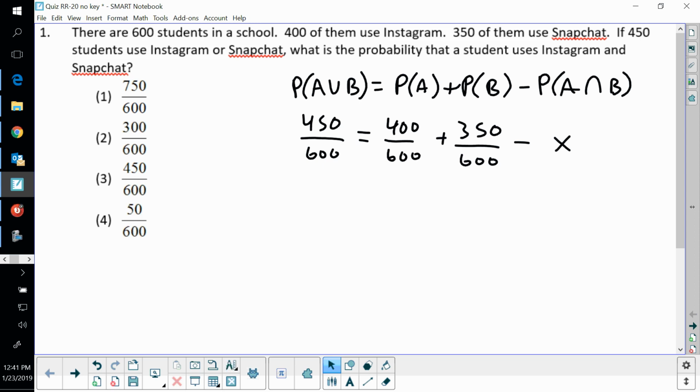So we're going to work to get the x by itself. So first, we're going to add our like terms there. Now, if you're doing this in the calculator, the answers would probably be reduced a bit, but there'd be the same idea. So if we add those, we would get 750 over 600 minus x. We would have to subtract the 750 over 600 to the other side.